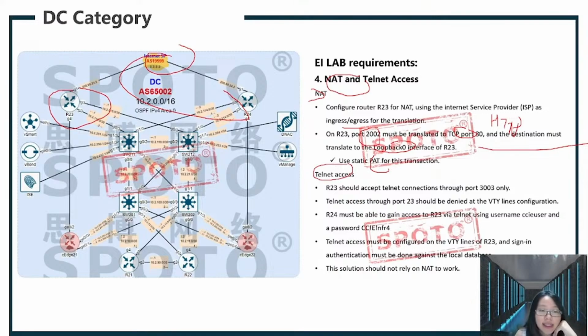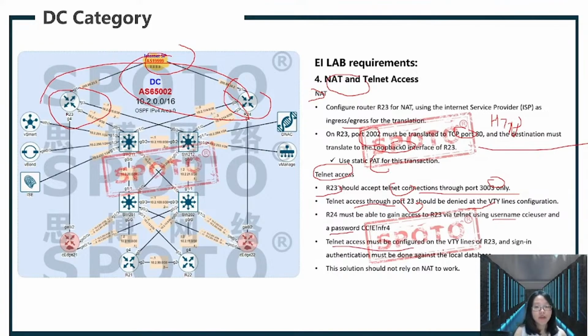Telnet access: router 23 should accept telnet connections through this port. Okay, telnet access through port 23 should be denied in the VTY lines configuration, and router 24 must be able to gain access to router 23 via telnet using username and password.